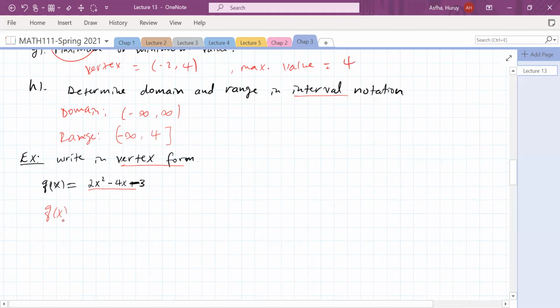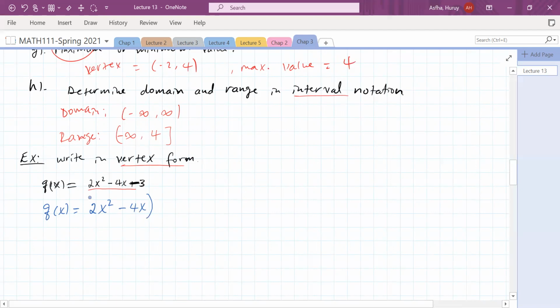So let's start. I will use the blue pen. We have q(x) equals 2x squared minus 4x.